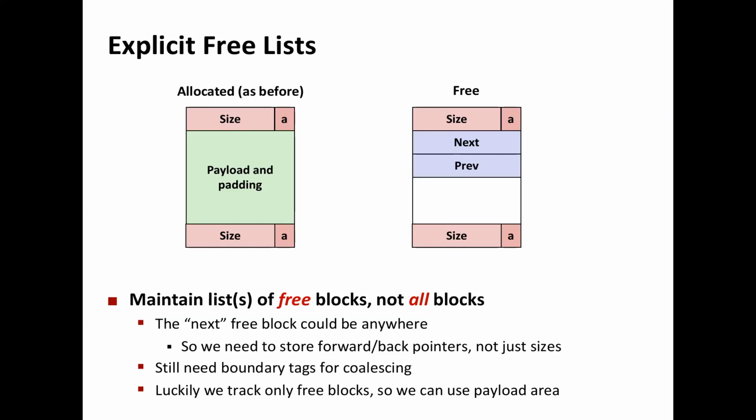There is no list of allocated blocks, so there is no need to keep next and previous pointers. When the block is free, the payload area can be recycled to keep the next and previous pointers. In other words, for allocated blocks, we are not wasting any memory. And for free blocks, anyway, we have free space. So why wouldn't we keep a next and previous pointer in this free space? Any question?